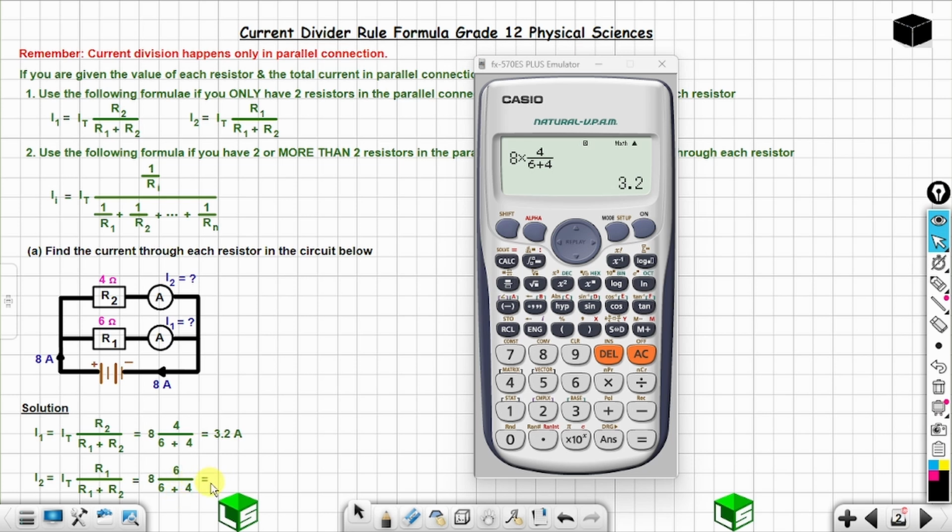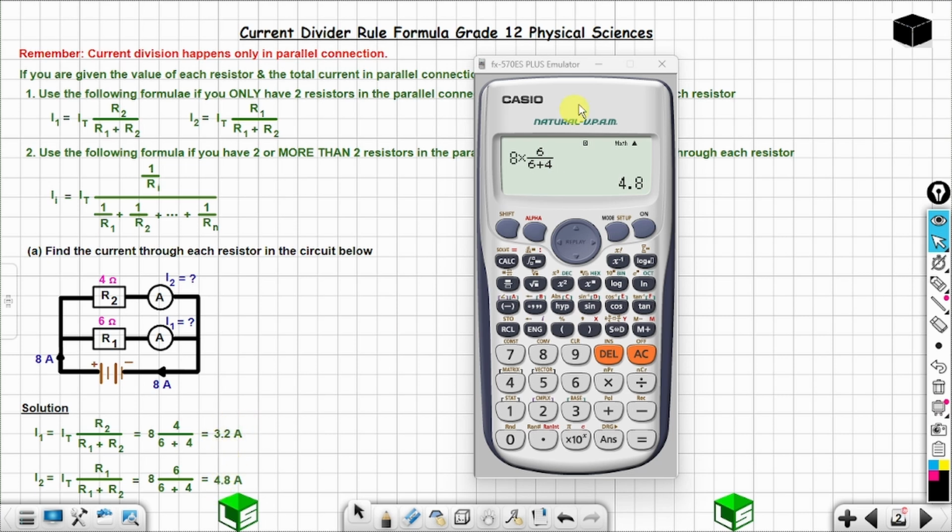You're going to have 4.8 amperes. So 3.2 plus 4.8, you're going to have 8 amperes if you add.